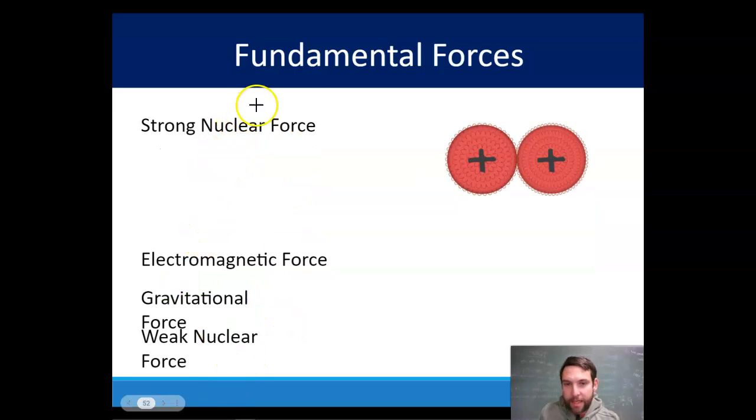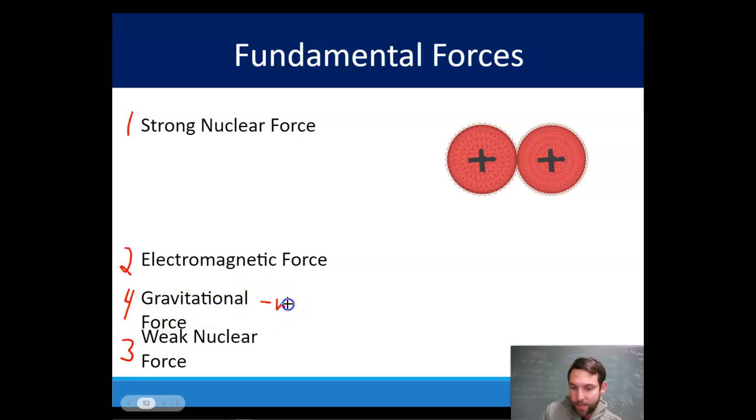All right, so the four fundamental forces are the strong nuclear force, the electromagnetic force, the gravitational force, and the weak nuclear force. In ranking these from strongest to weakest, strong nuclear is 1, electromagnetic is 2, weak nuclear is 3, and then gravitational is 4.